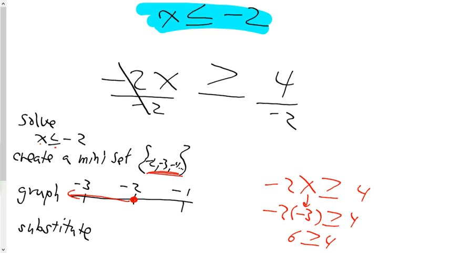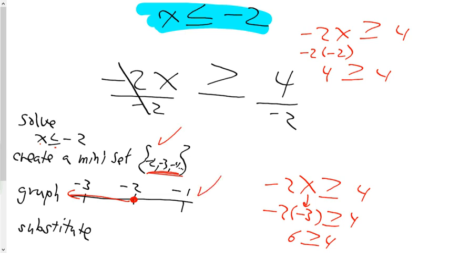So in that particular instance, negative 3 works. If I did negative 2, I would get a positive 4, and 4 is greater than or equal to 4. So then my set is valid, my graph is valid, I verified it with substitution, and I've solved the inequality.